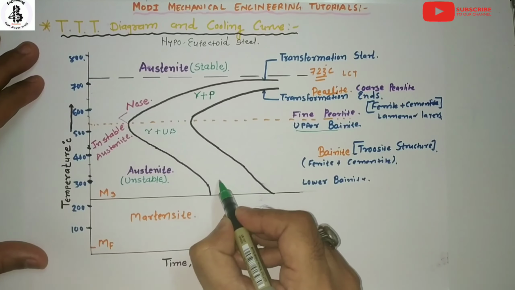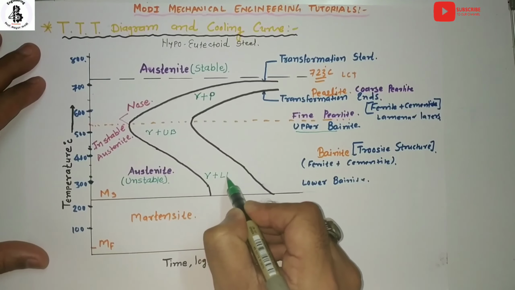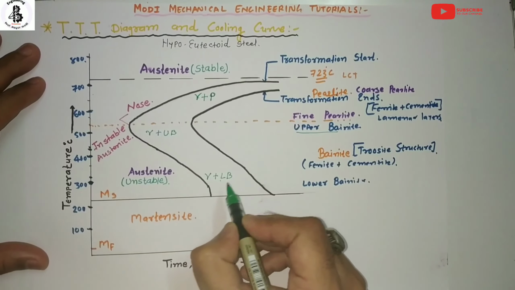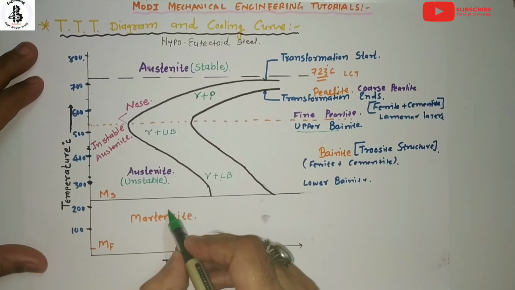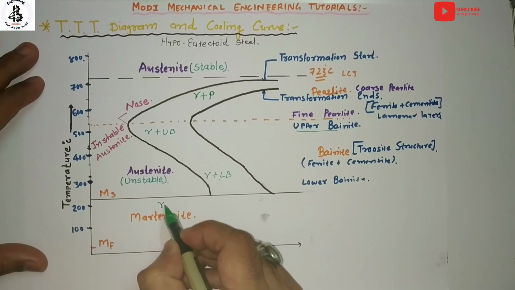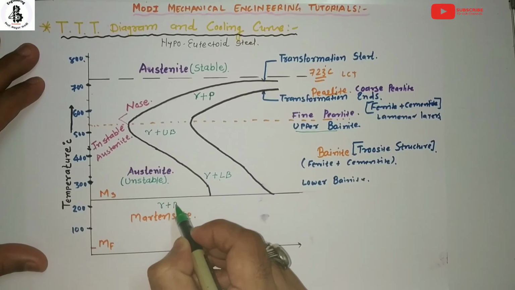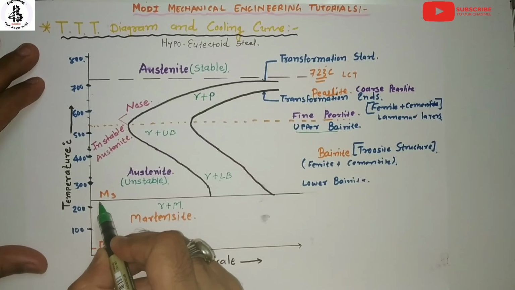Similarly, from these regions it is gamma plus lower bainite, LB, meaning the lower bainite structure. And just below the start of martensite formation, it is gamma plus martensite.